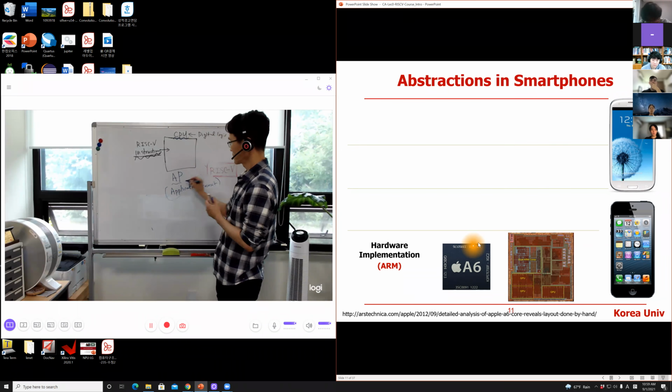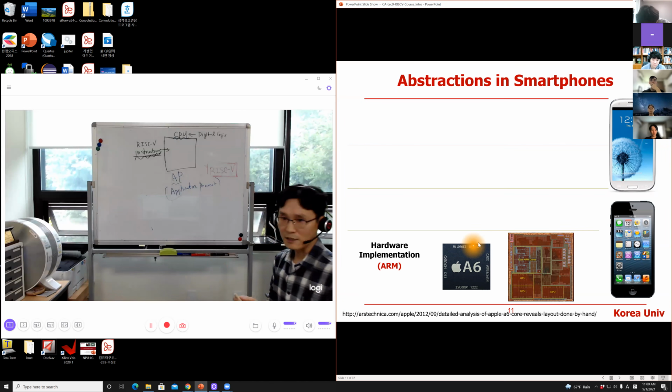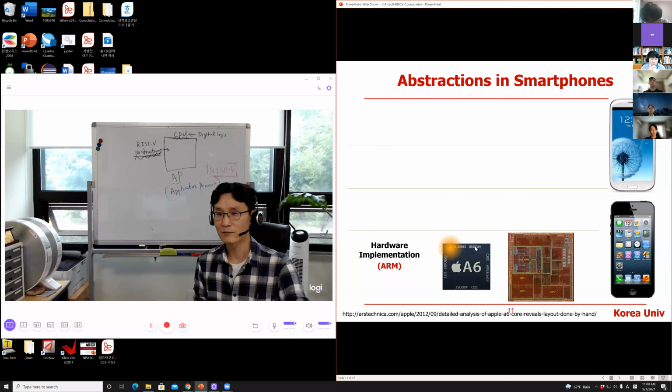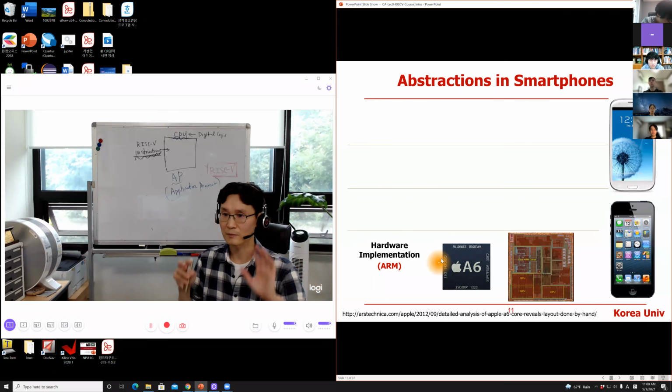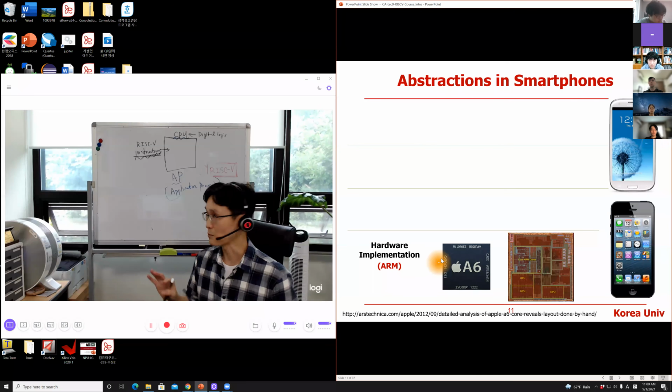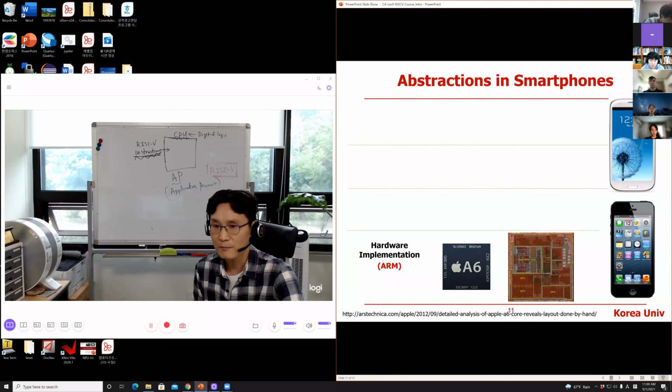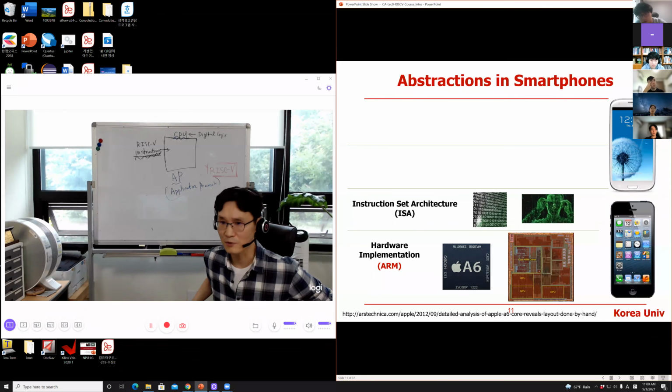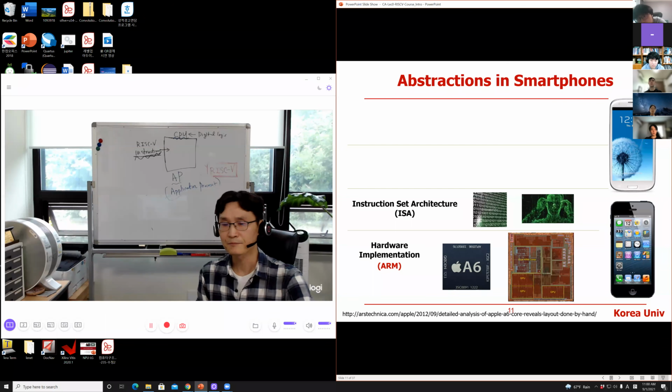That is the brain of a smartphone. Inside this chip there are actually several CPUs, and it is a huge, very complicated device. Because it is so complicated, it provides an abstraction layer. That is also the same thing: the instructions.